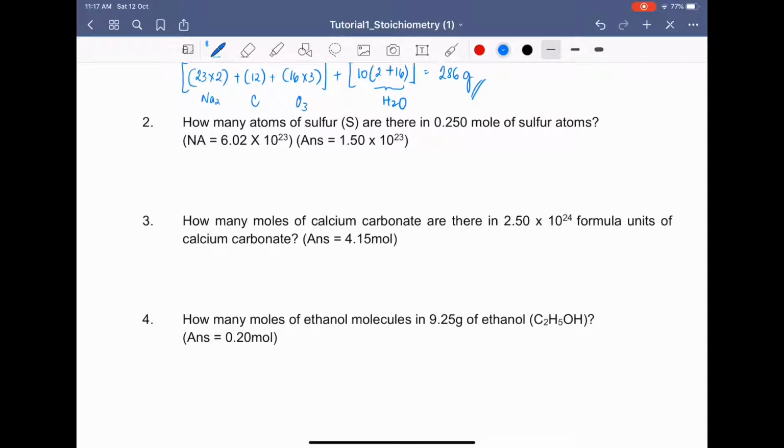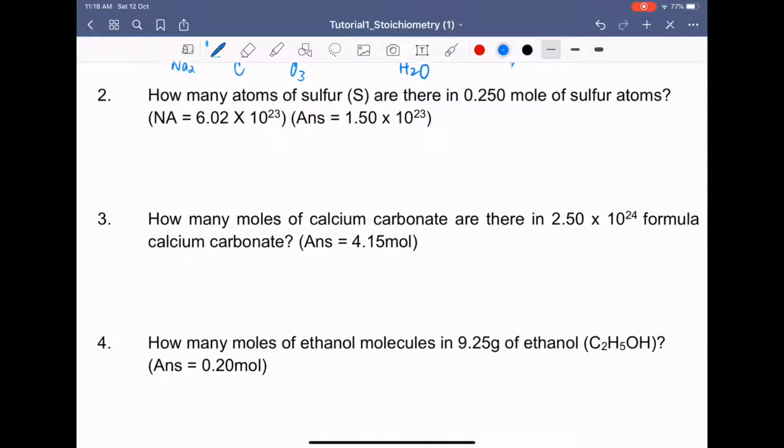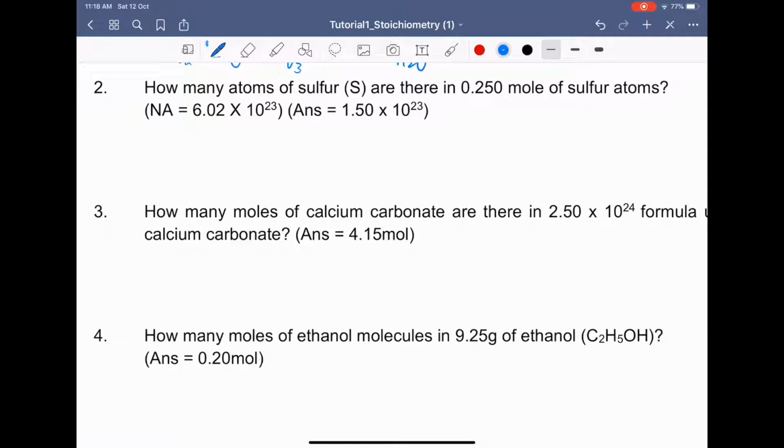Next, we move to question 2. How many atoms of sulfur are there in 0.25 mole of sulfur atoms? We are given Avogadro's number, 6.02 times 10 to the 23. So we need 0.25 mole of sulfur, and then we divide this by 1 mole of sulfur, so we can immediately cancel out the unit and then multiply by Avogadro's number, 6.02 times 10 to the 23.